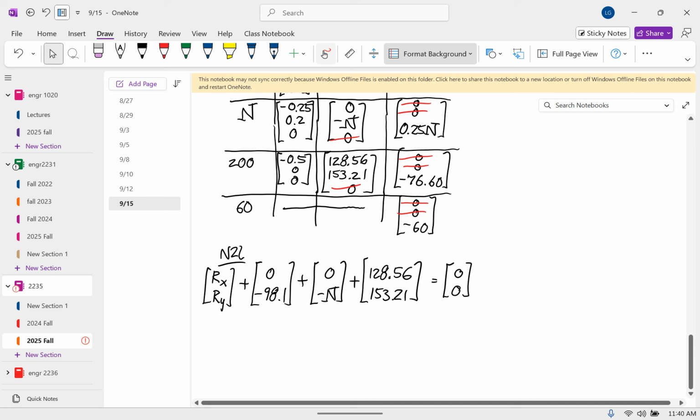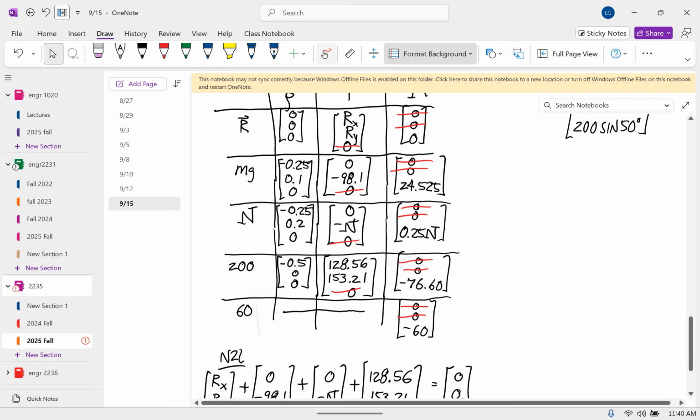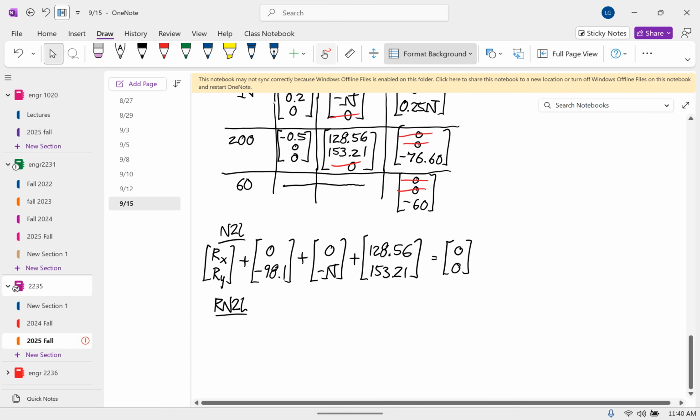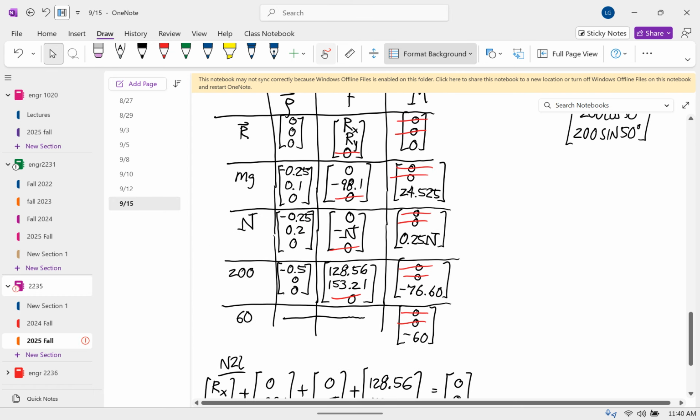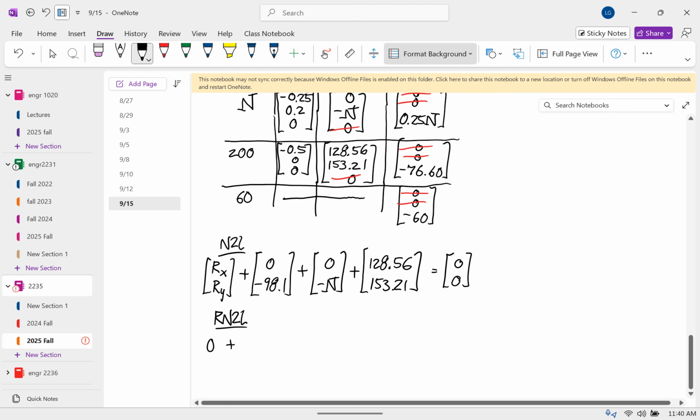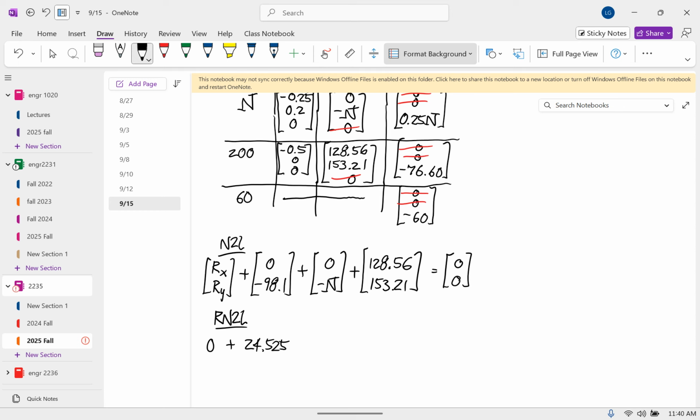And then we'll go to the moment equation, rotational Newton's second law, and add up 0 plus 24.525 plus 0.25 n minus 76.60 minus 60 is equal to 0.